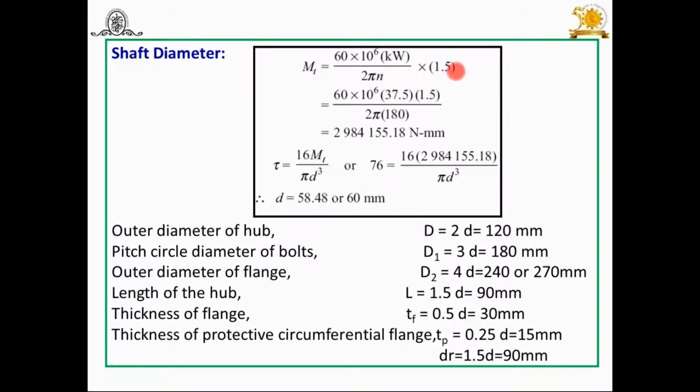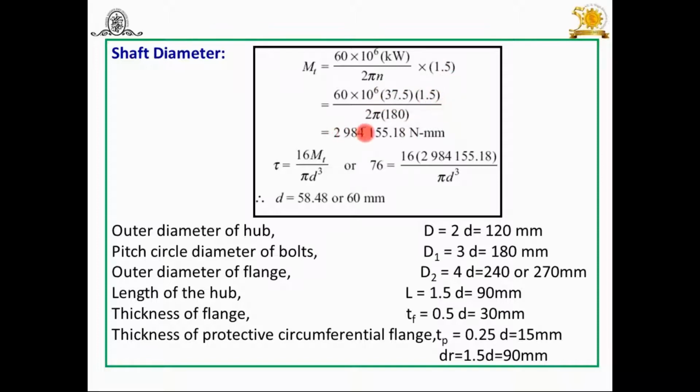Here if you multiply the service factor directly, you will get the design torque. Otherwise, first use this expression to find Mt and then multiply by service factor 1.5, and you will get this value, no problem. From power and RPM, you can find out Mt. Power is given in kilowatt, that's why multiplied by 10 raised to 6, 37.5 into 10 raised to 6 into service factor.